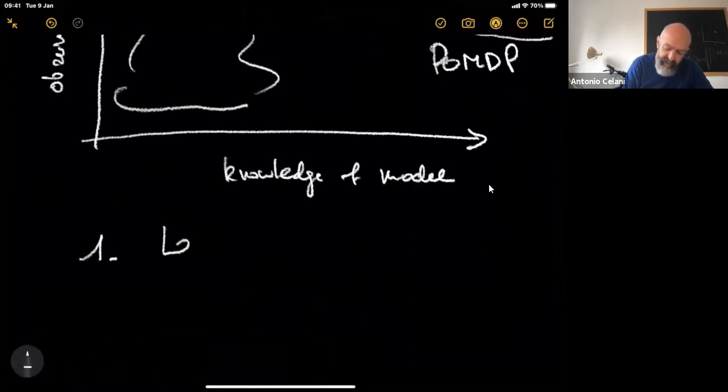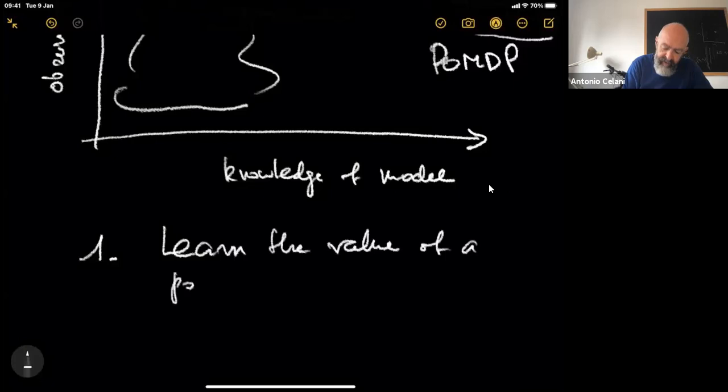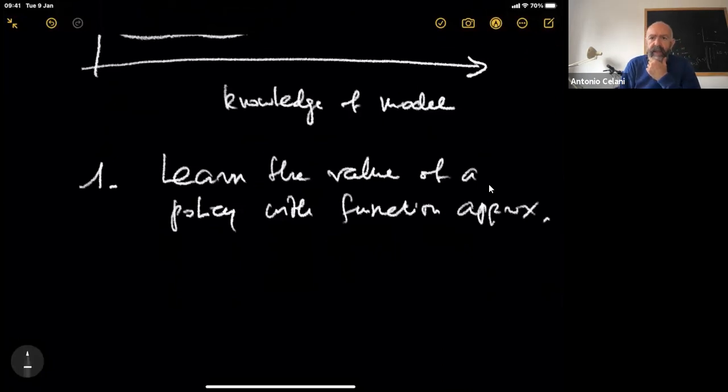So first we want to learn the value of a policy with function approximation. This will be the first part of our lecture. And the first thing that we want to do is basically replace our value function, which is a vector.